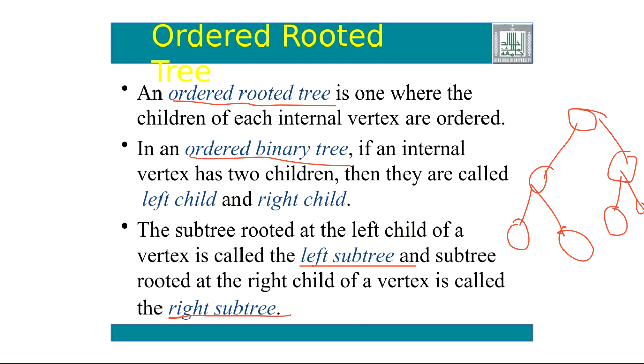Then coming to the subtree, the tree rooted at the left child of the vertex is called the left subtree. We can say this is a left tree, and this is a right tree. Depending on the left children and the right children, this is the left subtree and this is the right subtree.